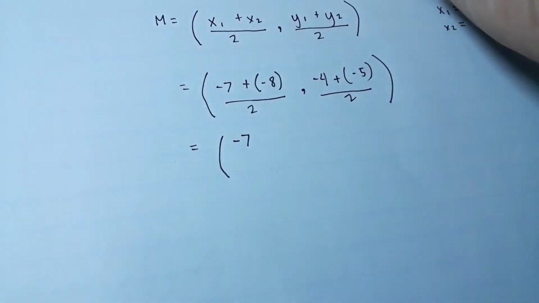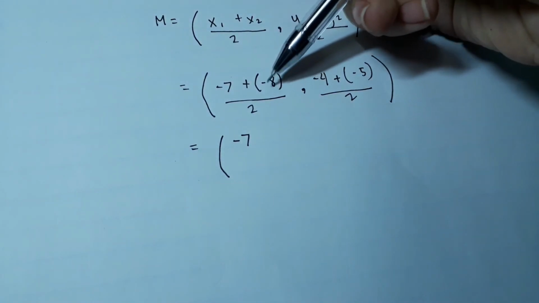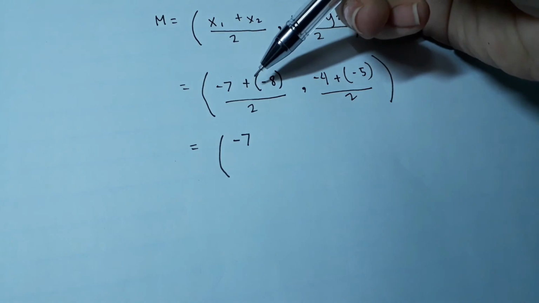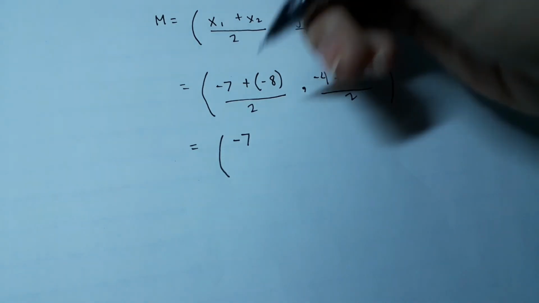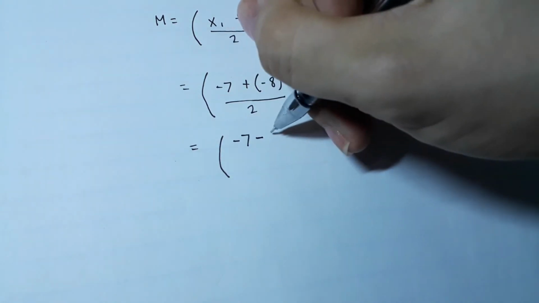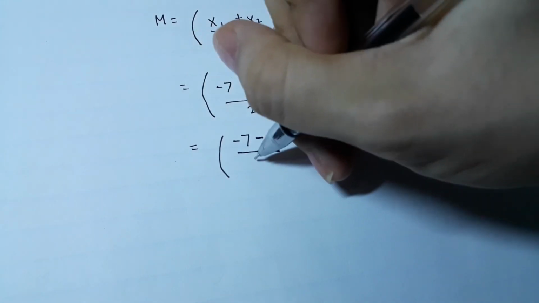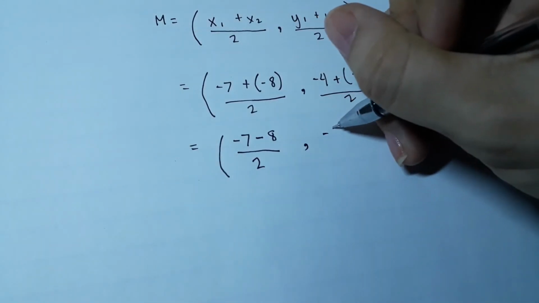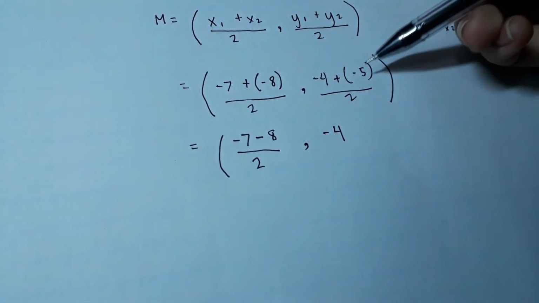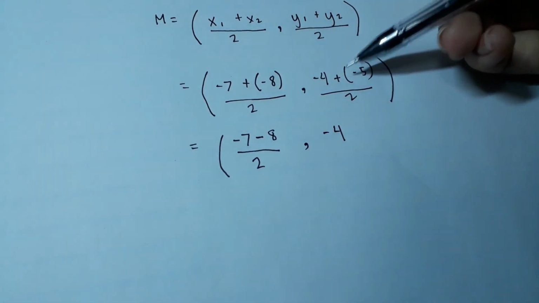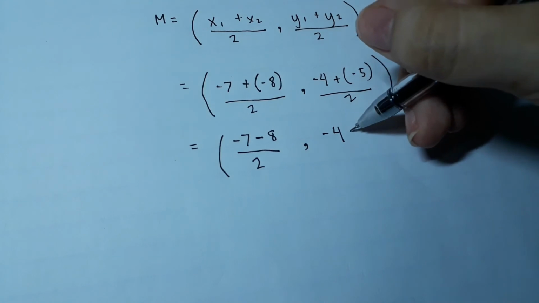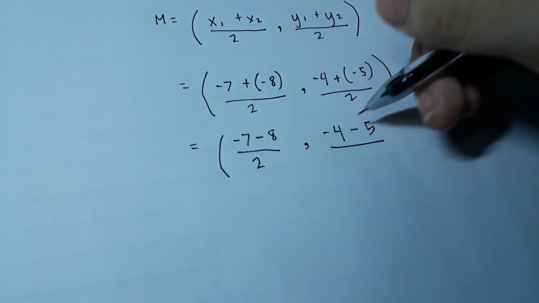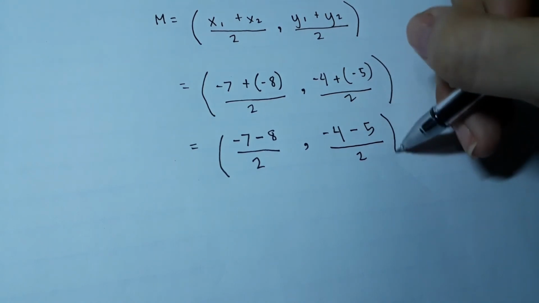Negative 8 times positive is equal to negative, so we will put minus 8 over 2. Again, negative 5 times positive will be minus 5, or the sign is negative, over 2.